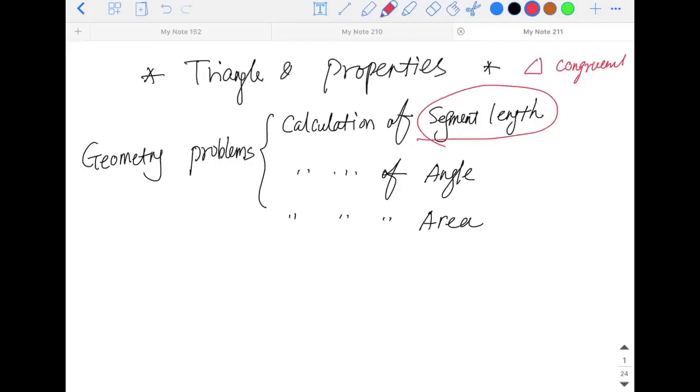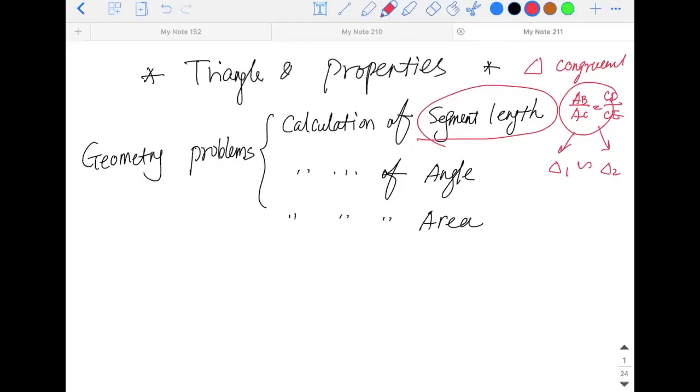Or if I ask you the relationship between two segments, maybe AB over AC equals, I don't know, CD over CE, for instance, most likely you're still going to put them into two triangles, triangle 1, triangle 2, and try to prove these two triangles are actually similar to each other, right? Taking from there, you'll be able to find out the proportional relationship between different segments.